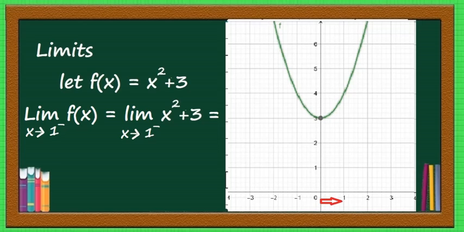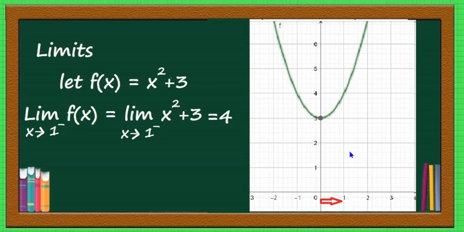Here 1 minus means approaching 1 from the left side of 1, that is, less than 1. As x approaches 1, f of x is approaching 4, as you can observe in the graph, and it is equal to 4.